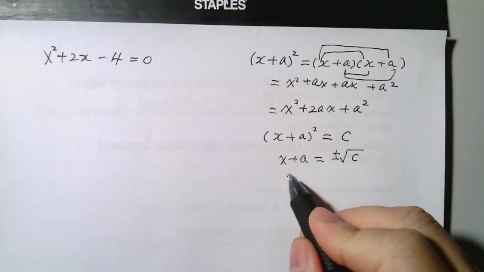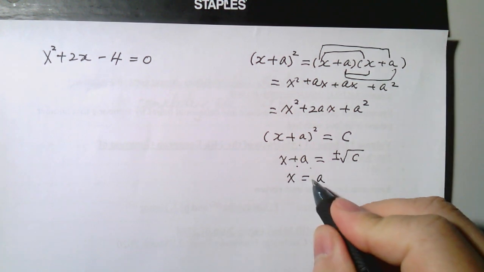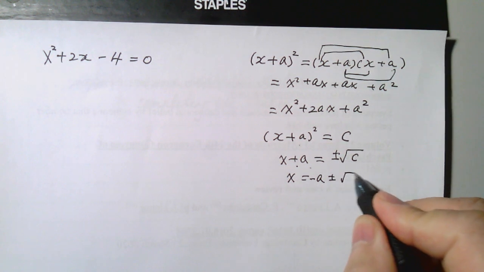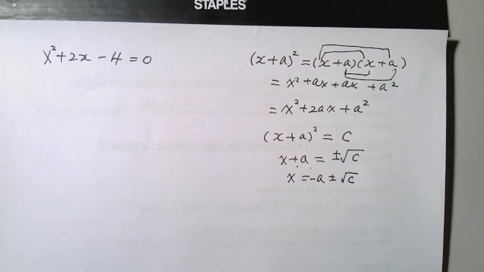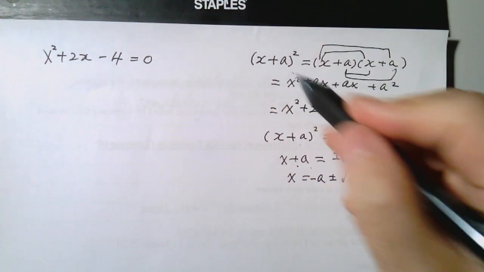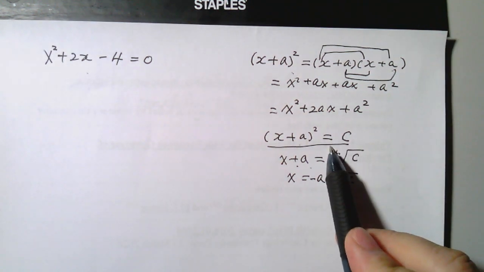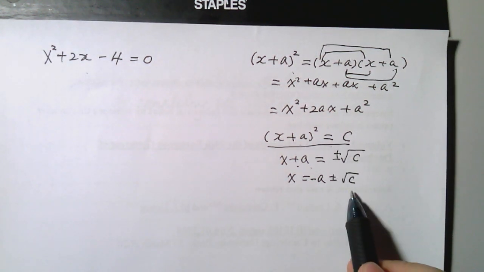Then we solve for x by subtracting a from both sides, and we get x equals negative a plus or minus square root of c. That's what we call completing the square. After you complete the square, the equation becomes something like this, and then you can solve it.